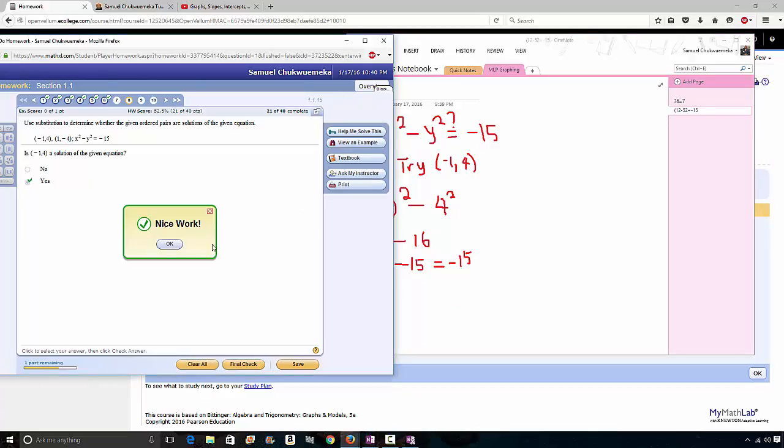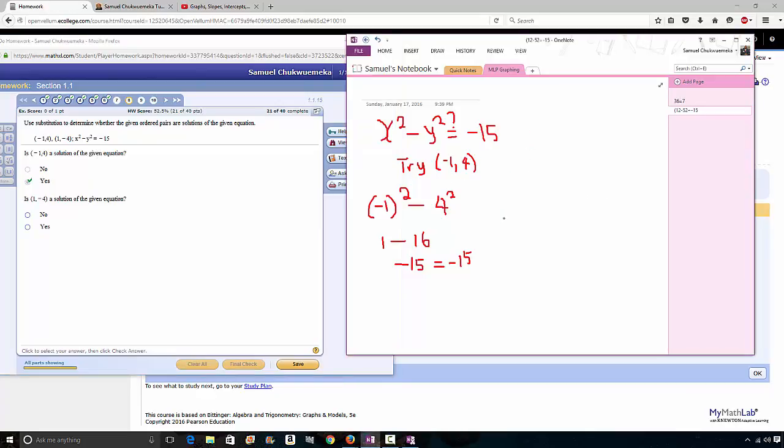Come here, put yes. Then you want to try 1 and negative 4. If you try 1 and negative 4, this will give you 1 squared minus negative 4 all squared. So you have to be careful in this one, because x is 1 here, and then y is negative 4.